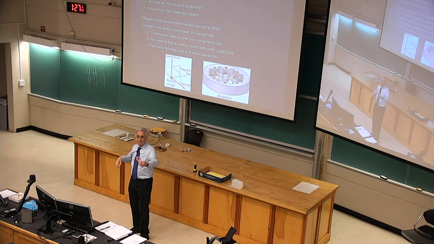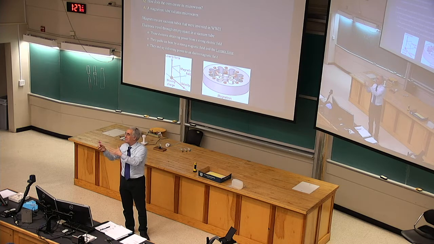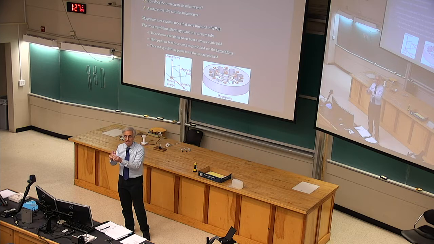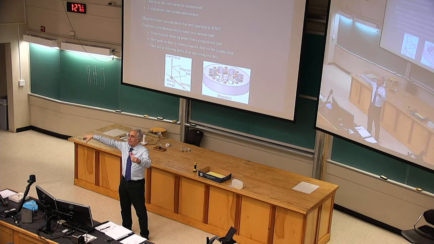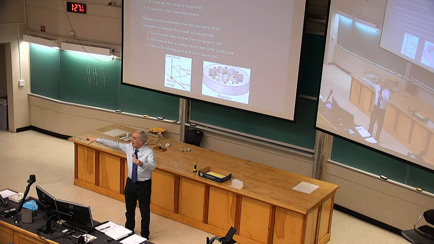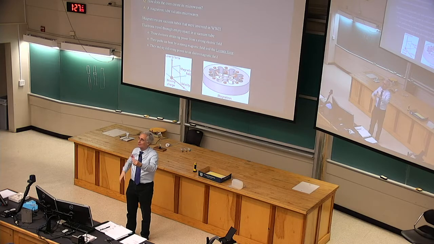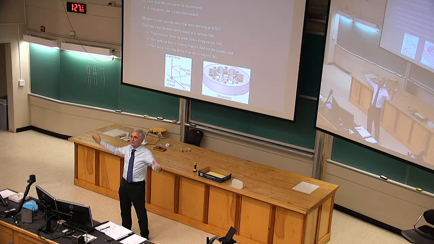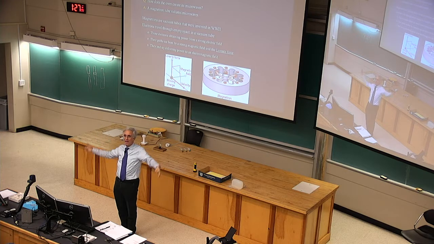In that case, if the charge is moving past the magnet, it still better feel a force. It can't be that, based on your frame of reference, if we move the magnet past the charge it feels a force, but if we move the charge past the magnet it doesn't feel a force. That's going to create paradoxes. So it has to feel a force.